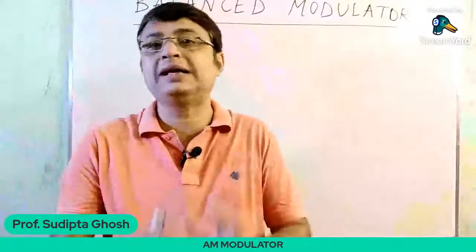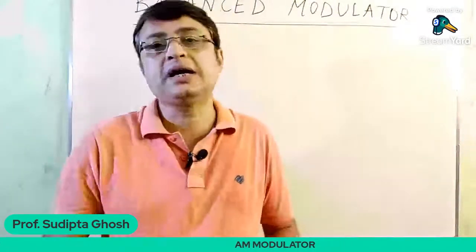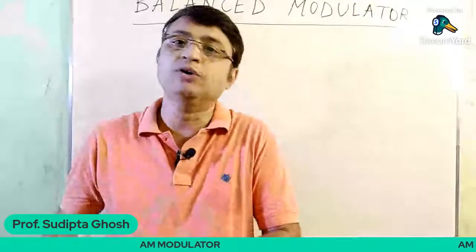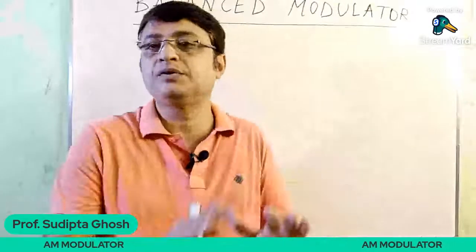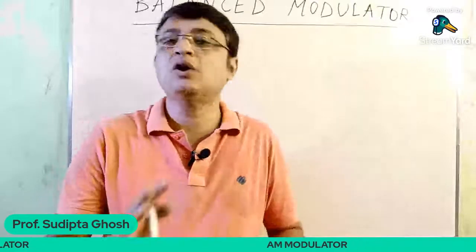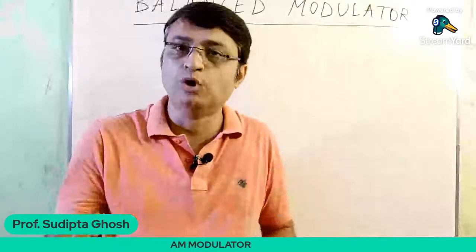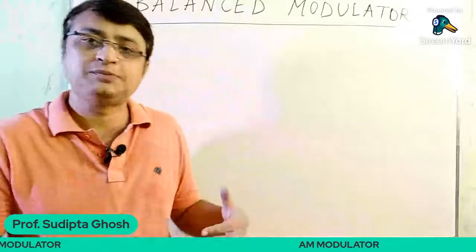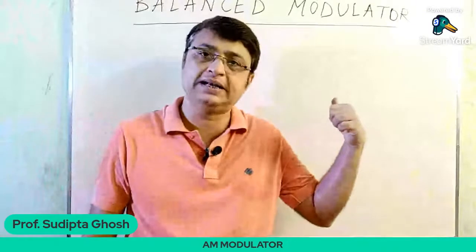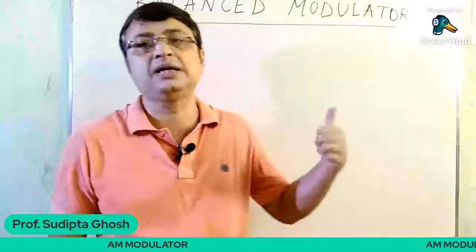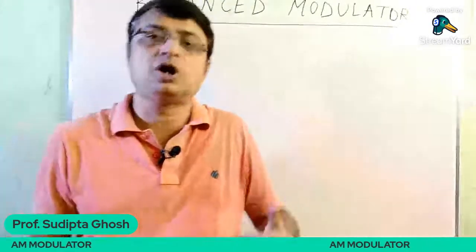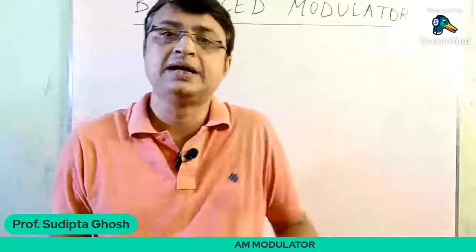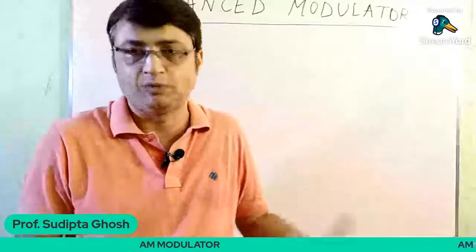In most SSB generation, we suppress or reduce the carrier, and we also remove one of the sidebands. For SSB generation, the balanced modulator circuit is basically used to generate the SSB amplitude modulated wave.